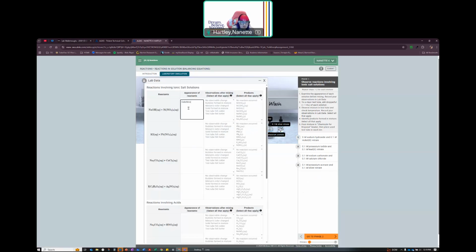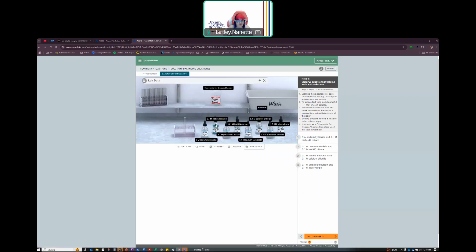Call this solution NaOH, and a bluish solution of Ni(NO3)2. Okay. So that's what I observed.